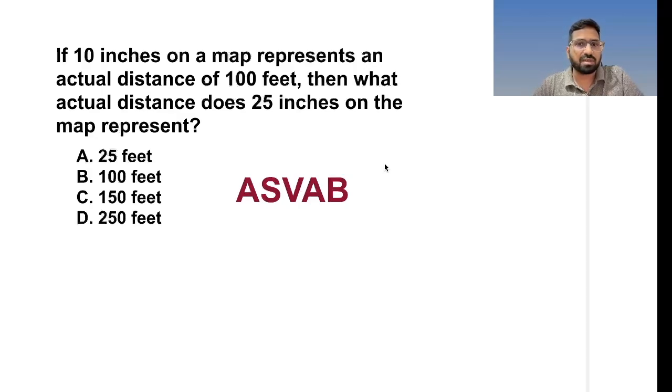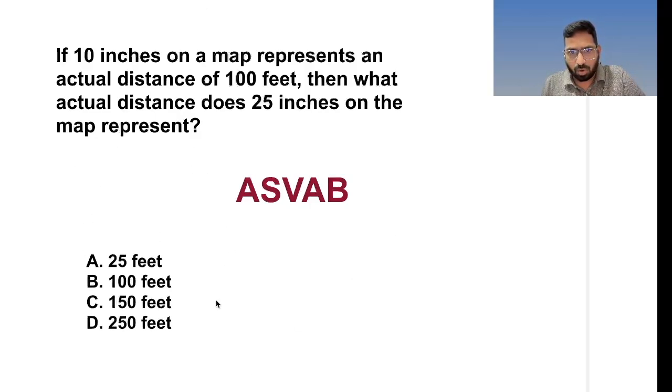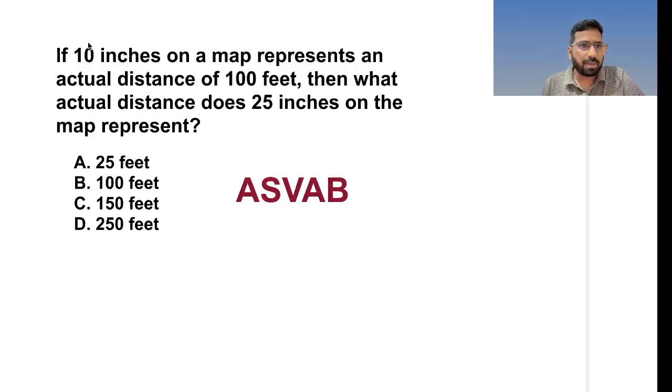Let's take a look at the solution. We know the map is just on a page, right? A map is a very small representation of the whole real world, right? So there are some mappings given.